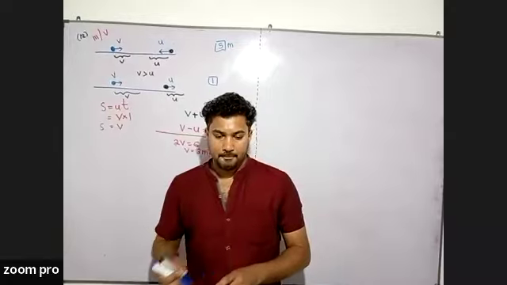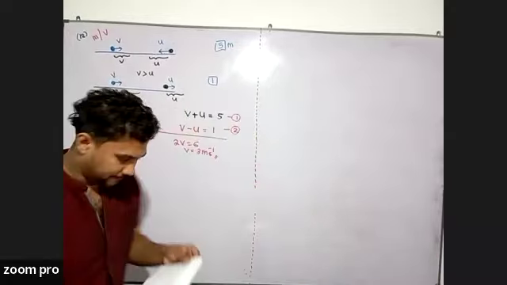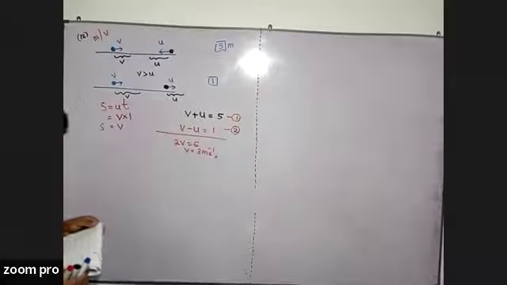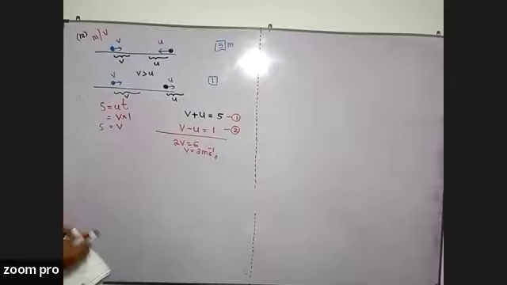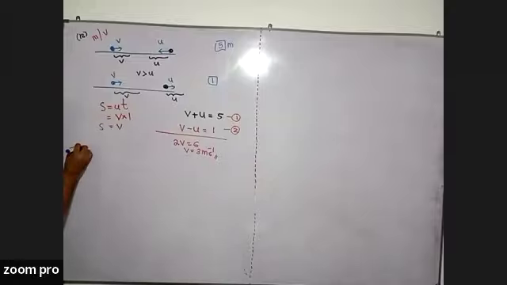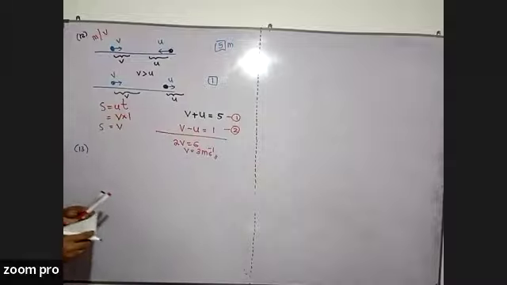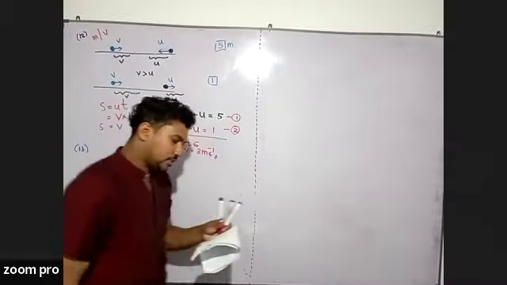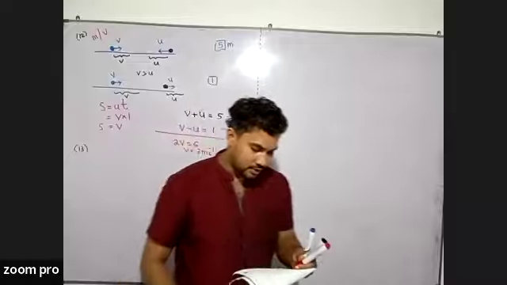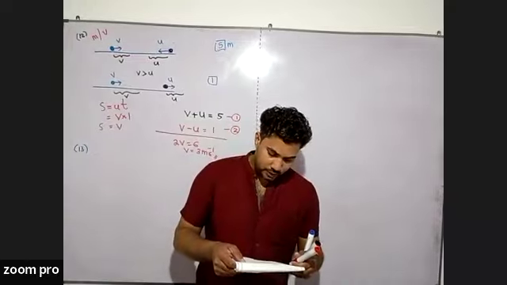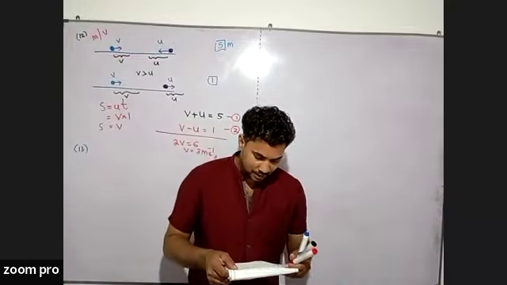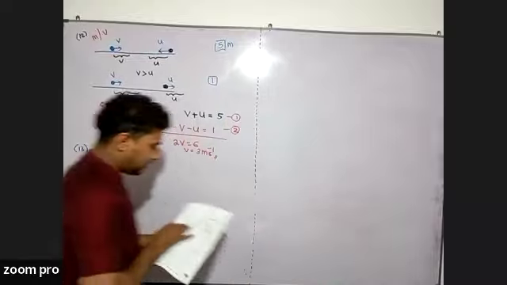Right. Okay. In the 13th question, the displacement of a particle measured along the x-axis with time is shown in the figure. The magnitude of the velocity of the particle is largest when it travels from. Right.